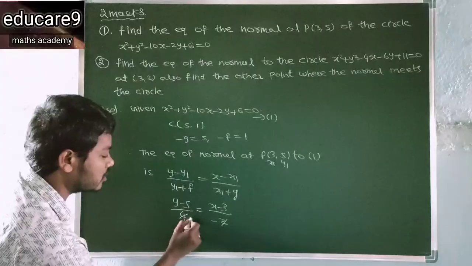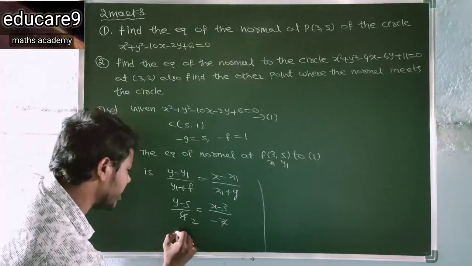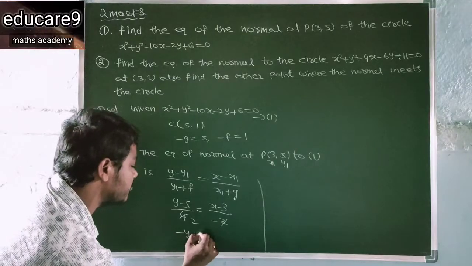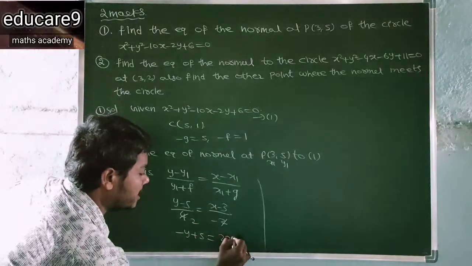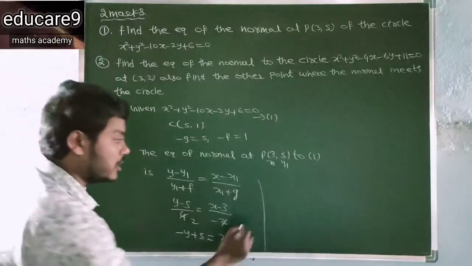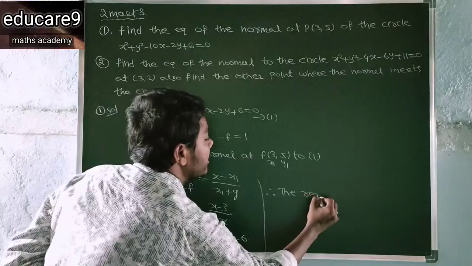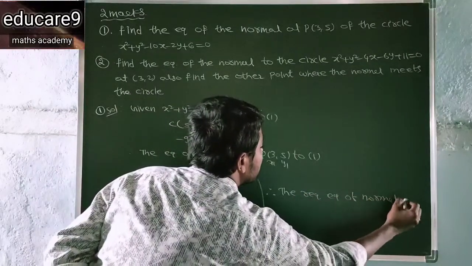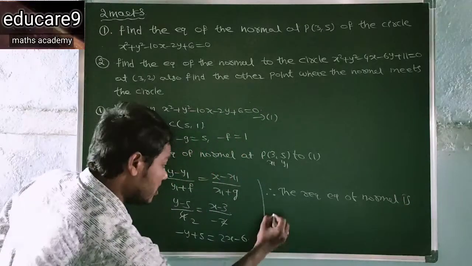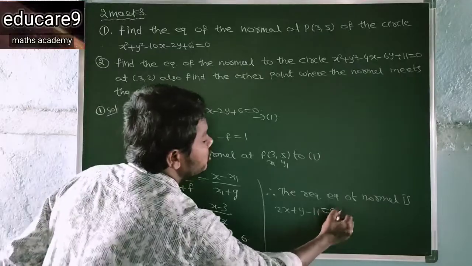So 2 ones are 2, 2 into (y minus 5), that is minus 5 plus 5 is equal to 2 into this 2x minus 6. So therefore the required equation of normal is 2x plus y minus 11 is equal to 0.